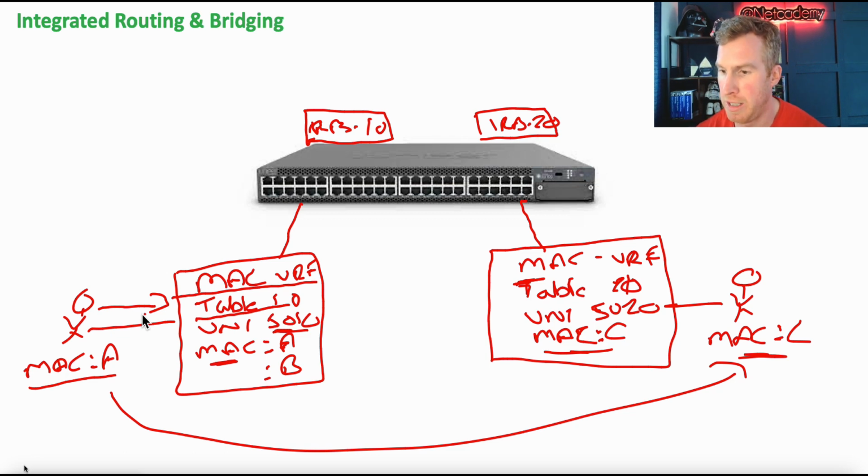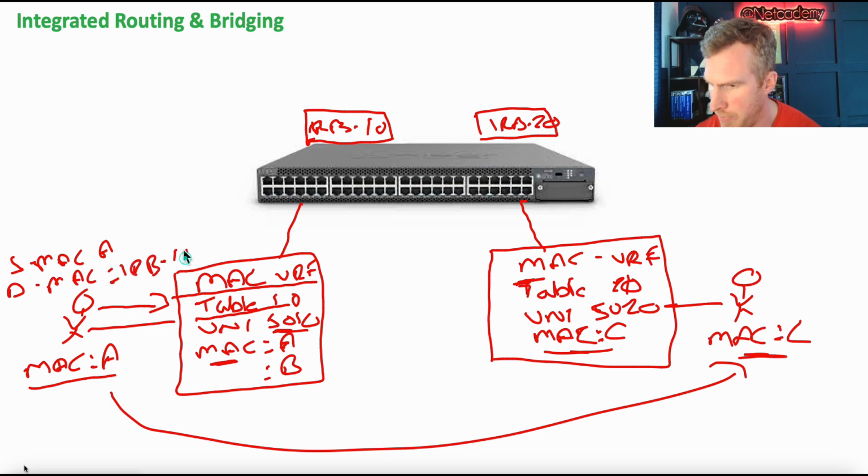But this initial information will have the source MAC of user A, and it will have the destination MAC address of IRB 10, because that is the default gateway to get from the subnet that user A is in to the subnet that user C is connected to. We need to get to the gateway.